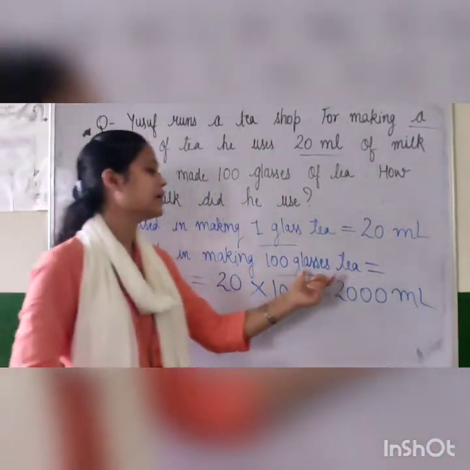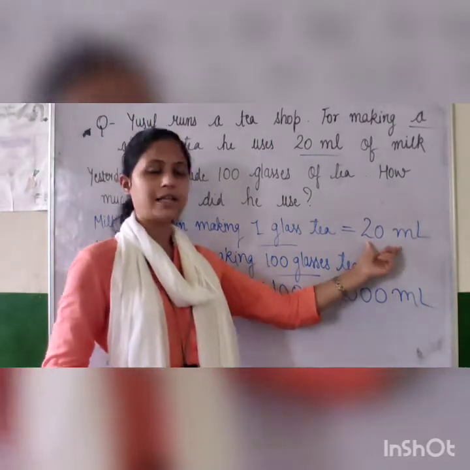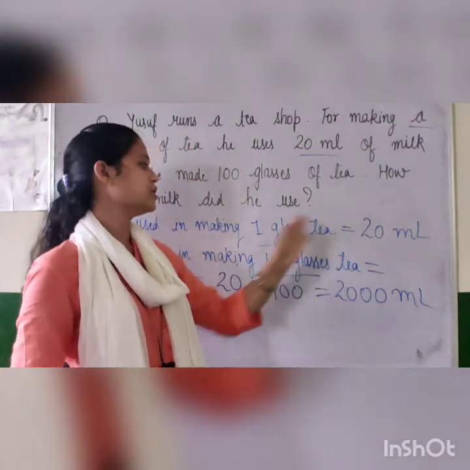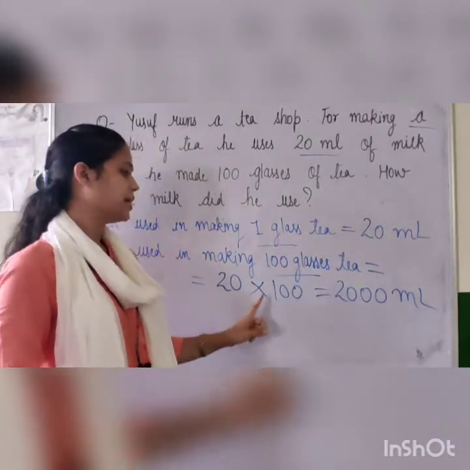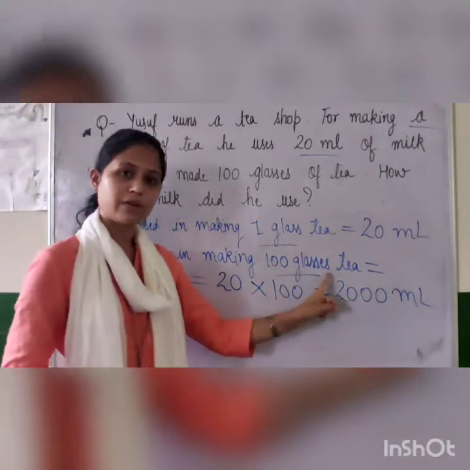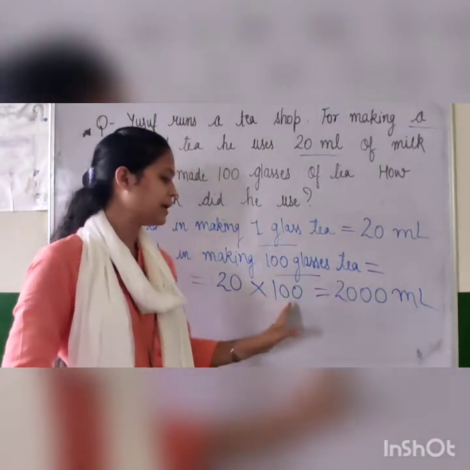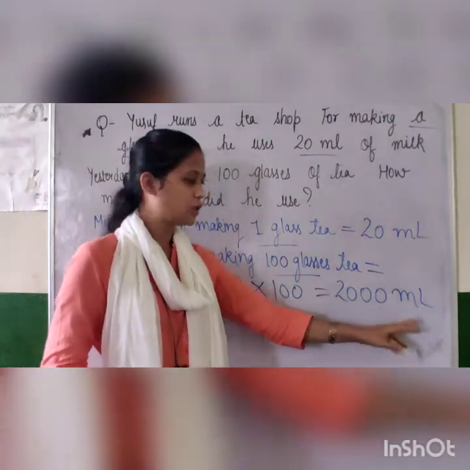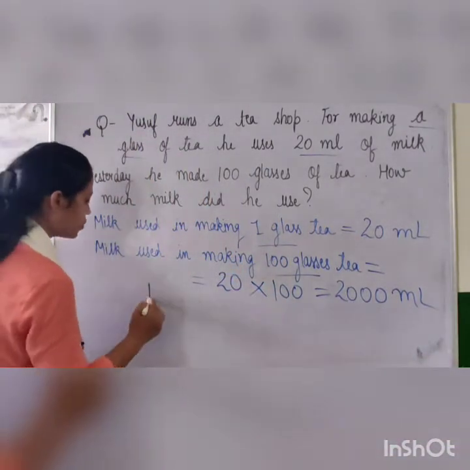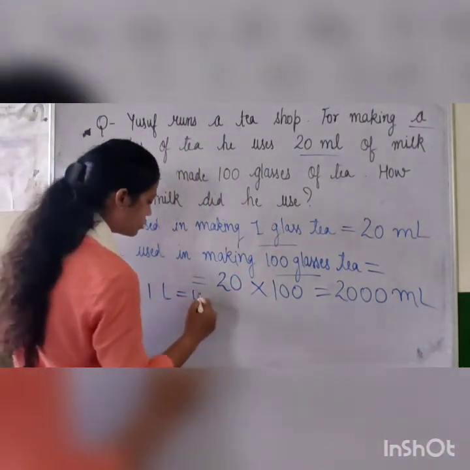Milk used in making 100 glasses of tea: we have multiplied 20, the milk used in making one glass of tea, by 100 because we have to find out for 100. So 20 multiplied by 100 is 2000 milliliter. And as we know, 1 liter is equal to 1000 milliliter.